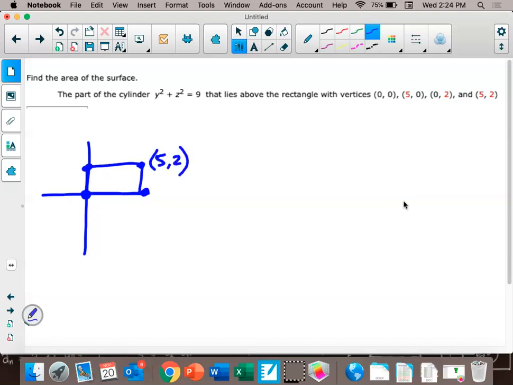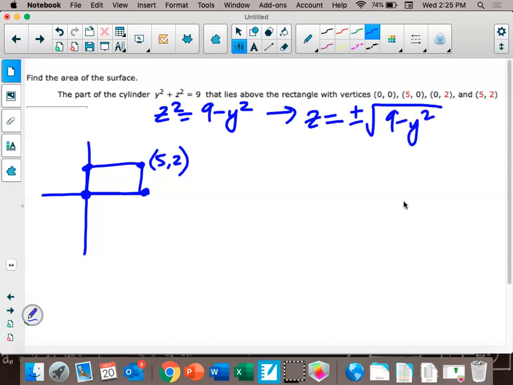And if we solve this for z, z squared equals 9 minus y squared. So z equals plus or minus the square root of 9 minus y squared. So I would just do this in rectangular. It doesn't matter if you go dy dx or dx dy.